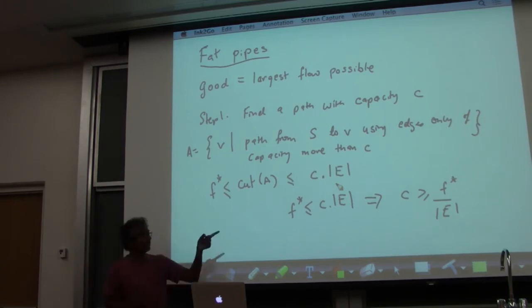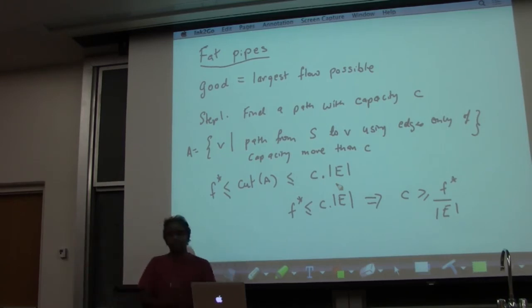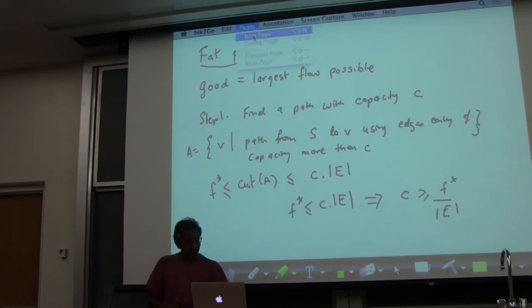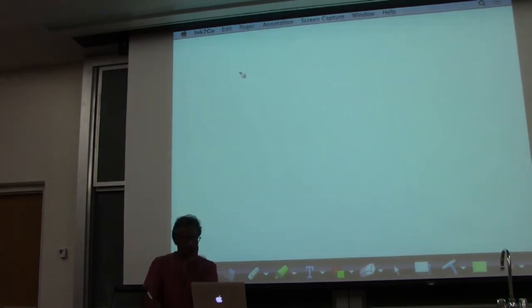Because as a consequence of this, if I now push this much flow through the graph, so now I say push C units through.